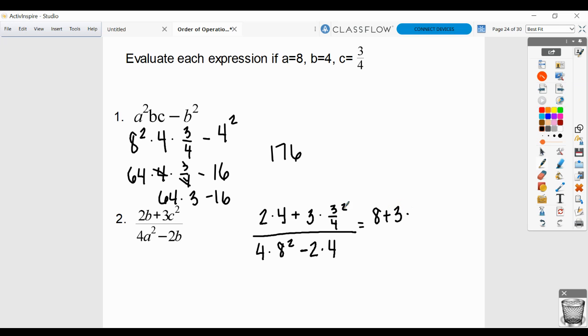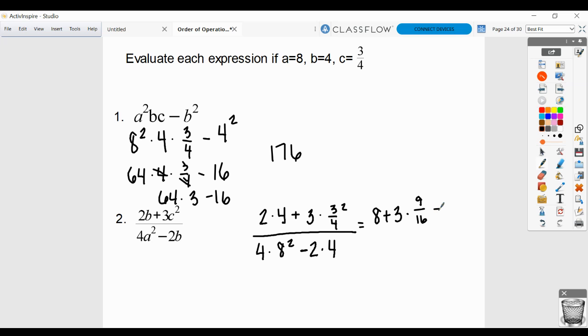So then 3 squared would be 9. 4 squared would be 16. So since there's multiplication here, you want to do that first. So you can do 3 times 9/16, and you can do the ABC button if you would like in your calculator. And then I always like to flip them over and keep them in improper fractions.